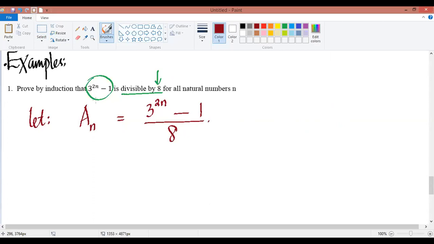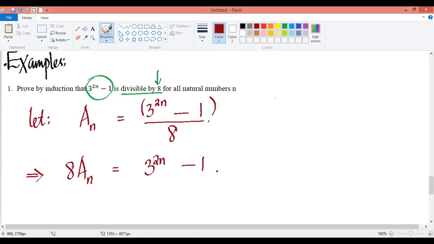As we check whether that is true, we can make it more appealing by saying, if this quantity is divisible by 8, then it can be expressed as different multiples of 8.